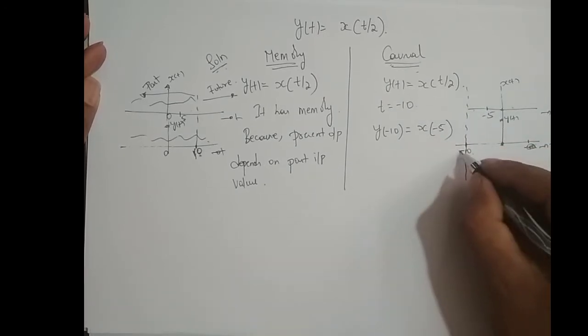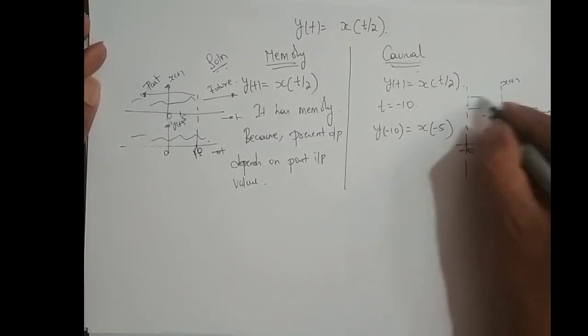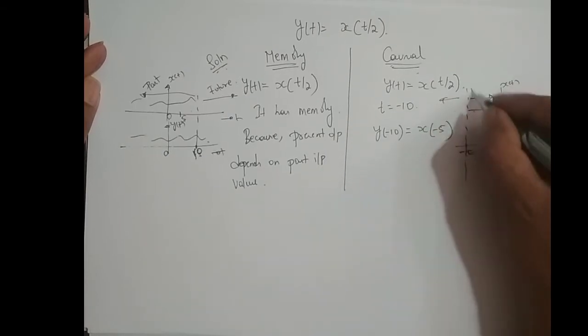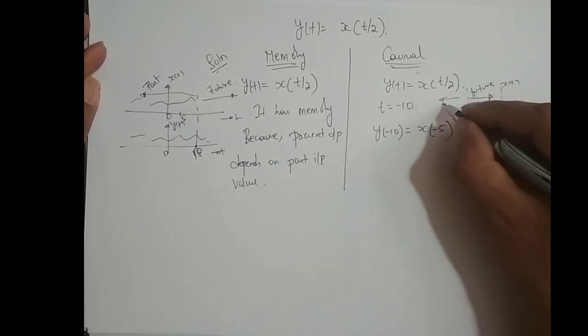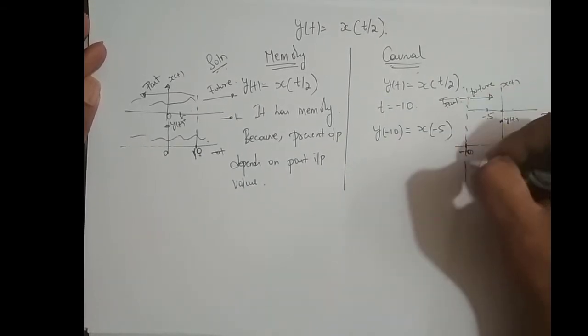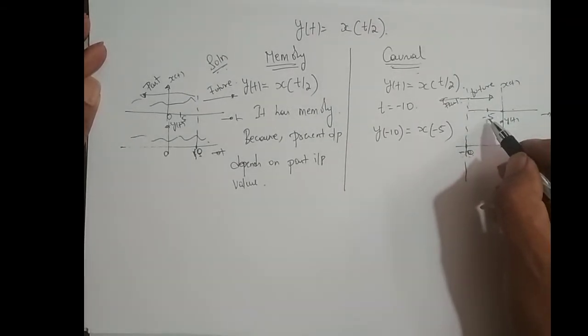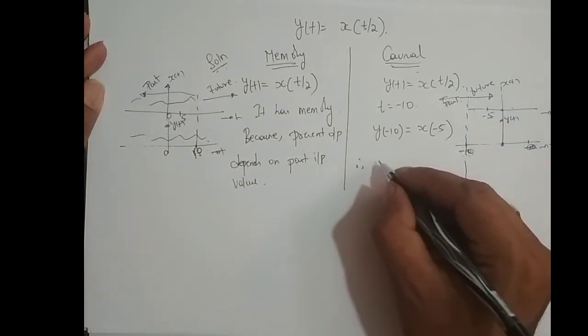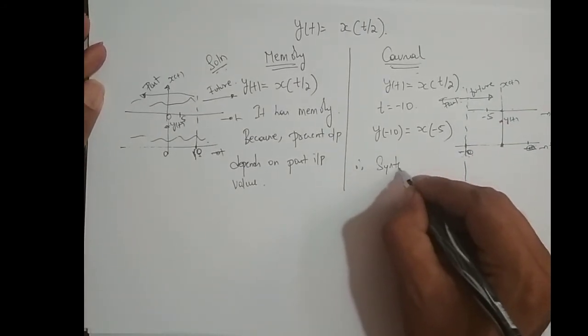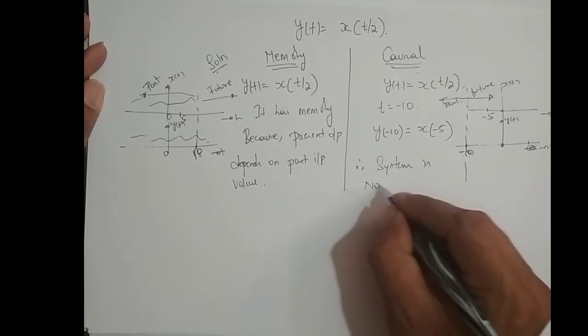So now this is my reference point, current output, minus 10 is the current output. Now the current output depends upon, this is future and this is past, no, with respect to dashed line. So present output y of minus 10 is equal to future input x of minus 5. Therefore system is non-causal.